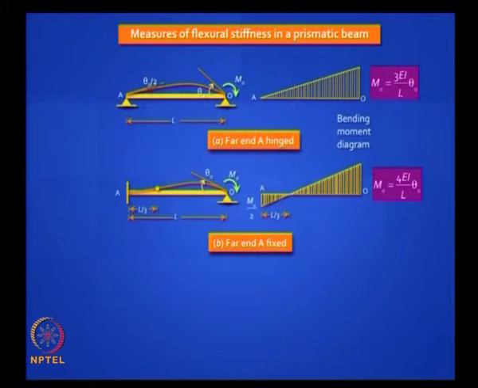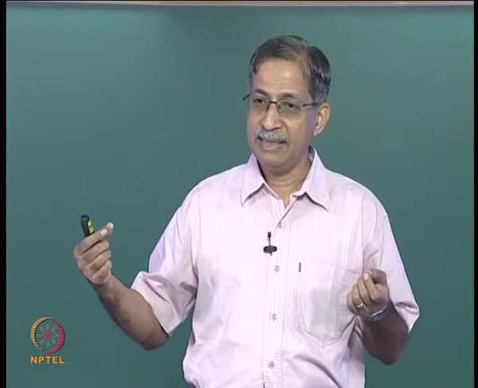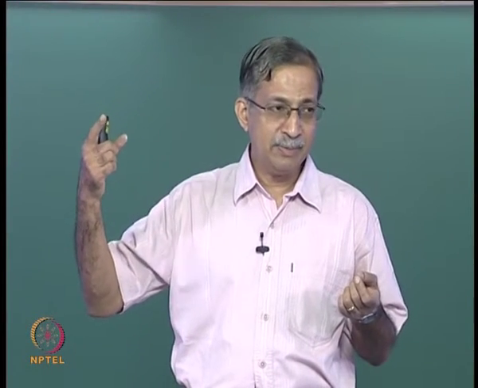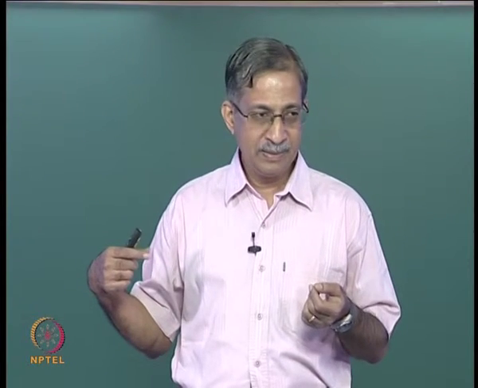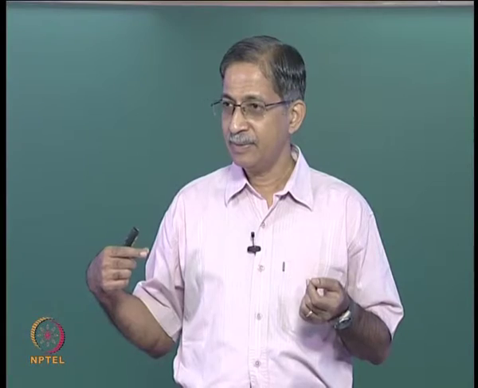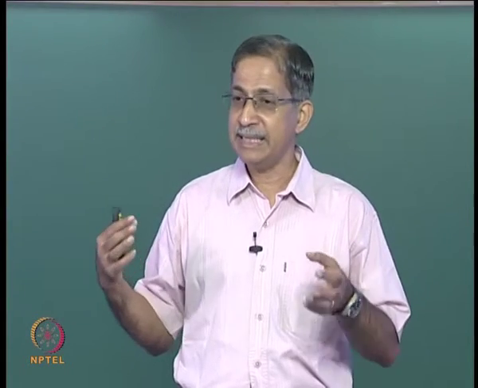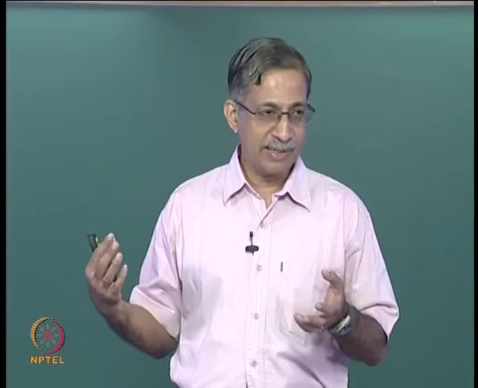But the stiffness measure, remember axial stiffness in a bar, in a truss element, what is axial stiffness? EA by L, because there we are relating axial force N with what? With elongation, right. So N, the axial force is EA by L times elongation.